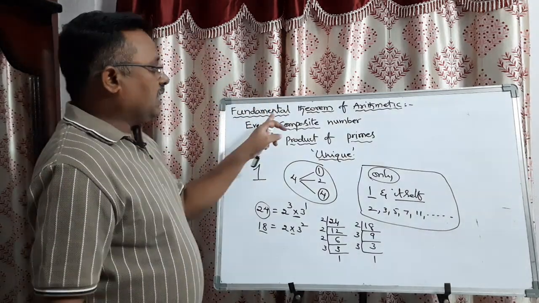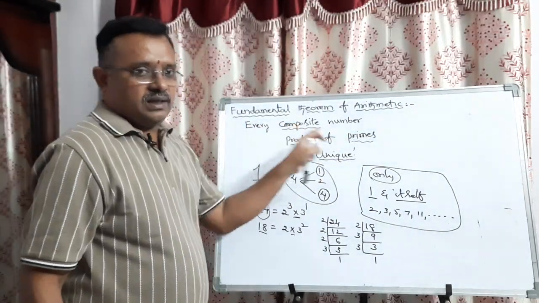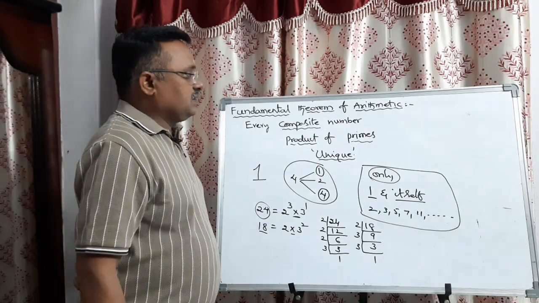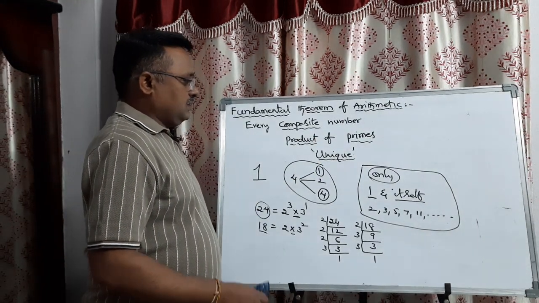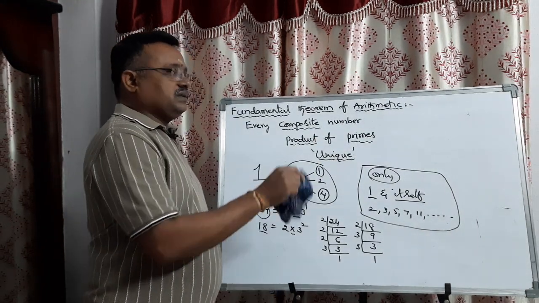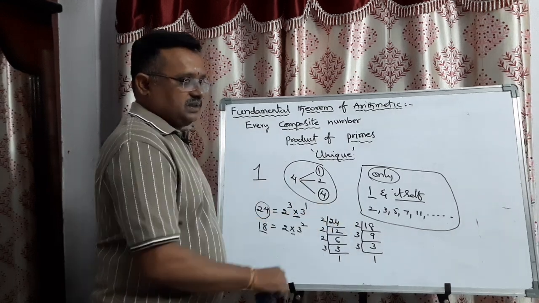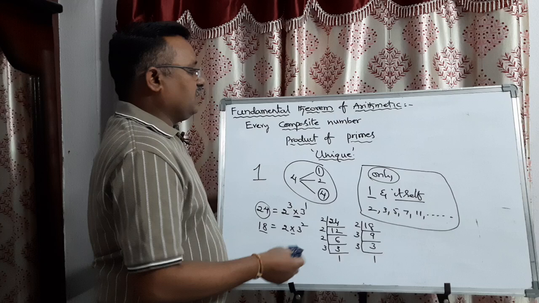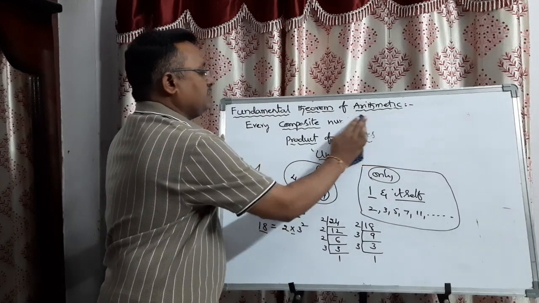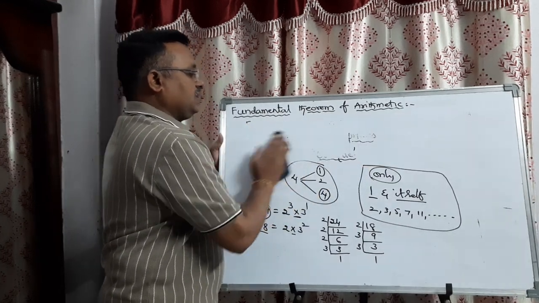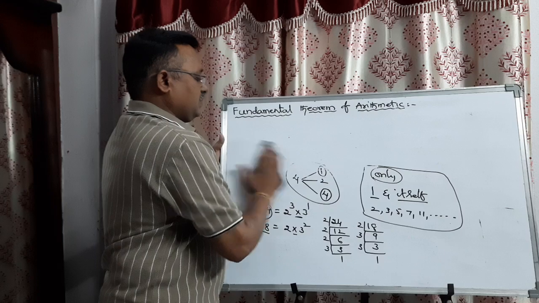Right. After discussing the fundamental theorem of arithmetic, we will apply this concept in prime factorizing the numbers. By this we can find out LCM and HCF of any two positive integers.